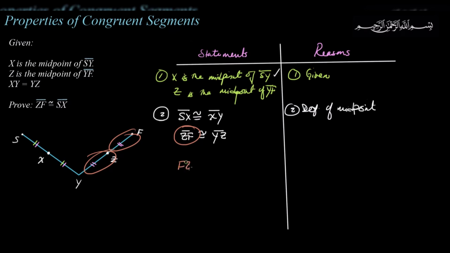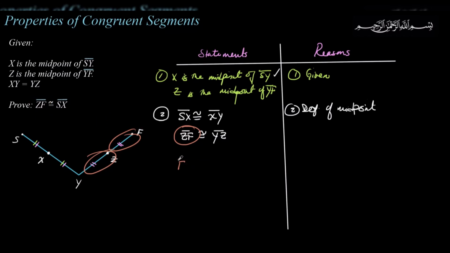I didn't write FZ is congruent to ZY or something like that. The reason is that I'm trying to follow the way that the question formulated the names of these segments. The question said ZF. Another proper name for this segment would be FZ, correct? It would be perfectly fine, but why mess with the way they named the segment? If they say ZF, use ZF. It just makes the question more confusing otherwise.